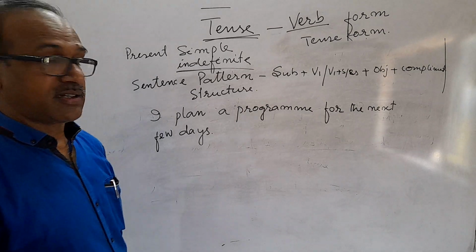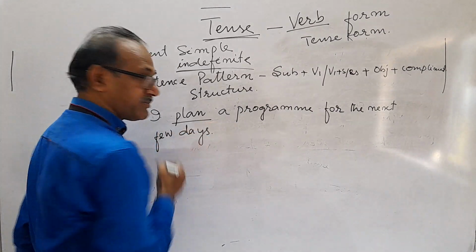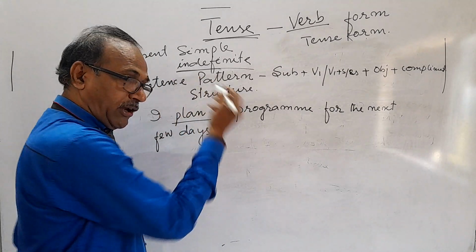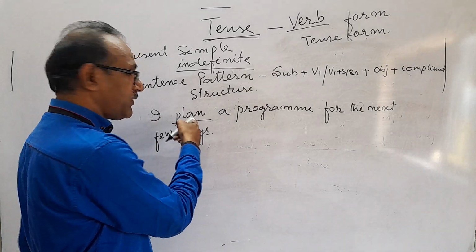If this is the sentence, so plan is the verb. So can you use this do with this plan?